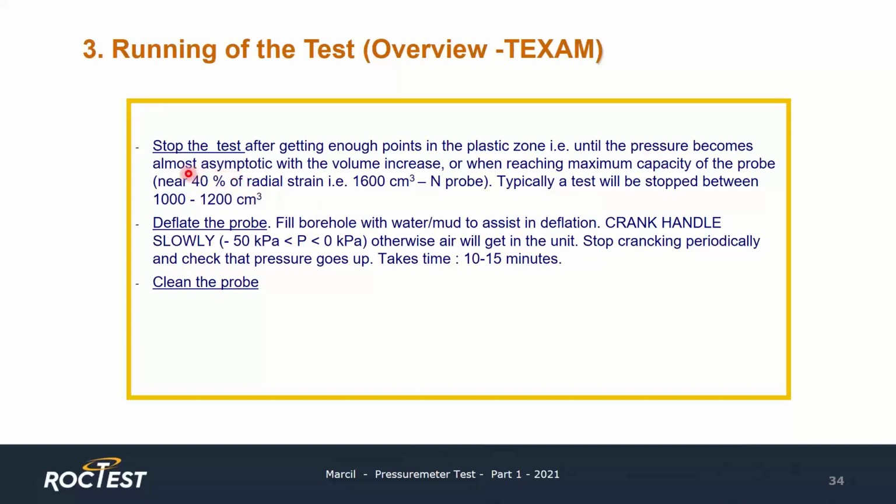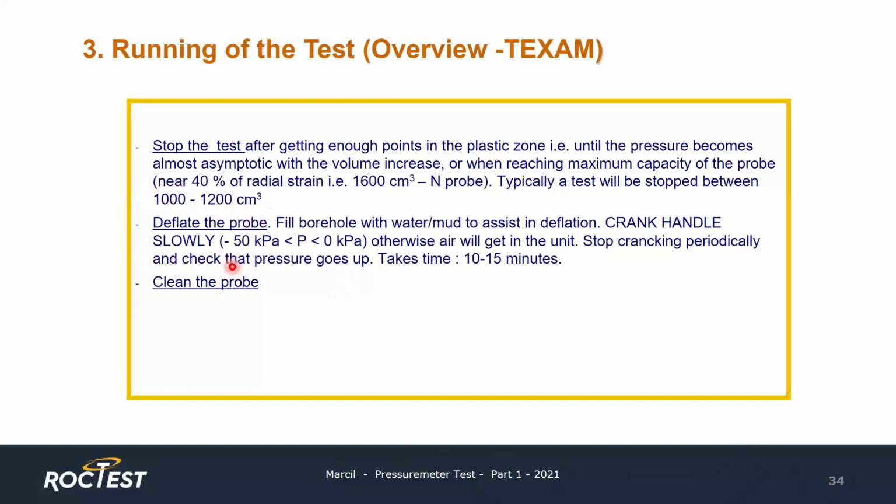This is where the curve is almost asymptotic with the volume increase, or the test is stopped when the maximum capacity of the probe is reached, which is 1600 cc for the N-size probe. But normally you don't reach this point. Tests will typically be stopped between 1000 and 1200 cc.